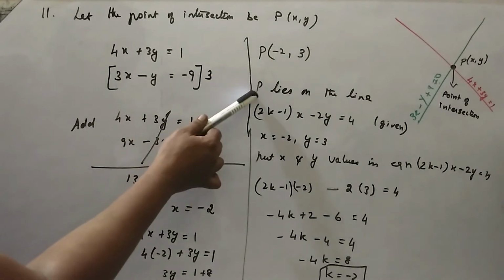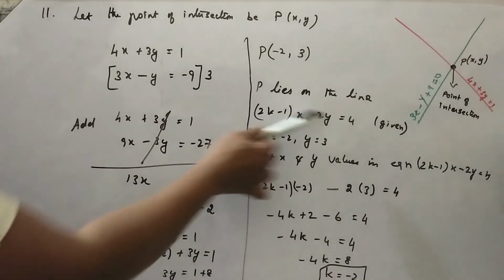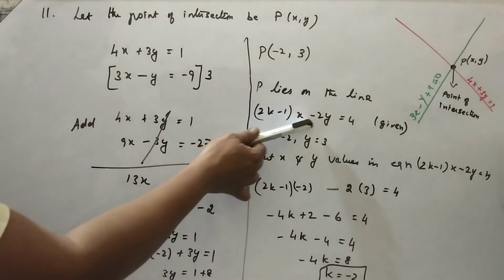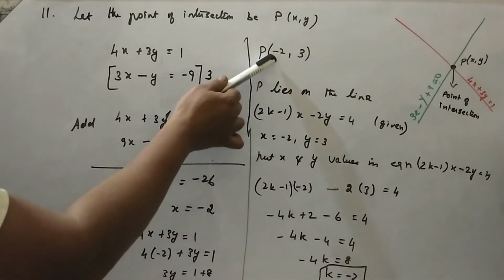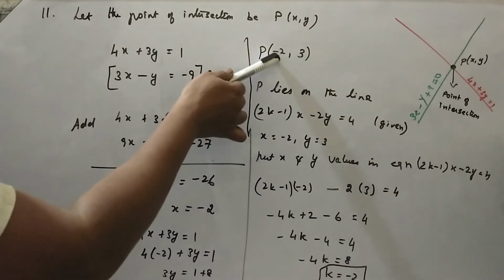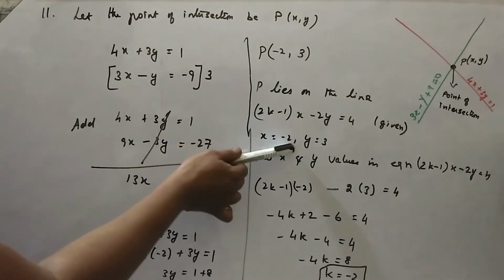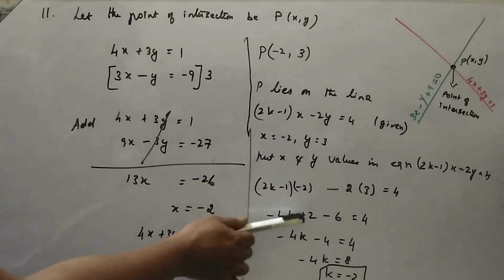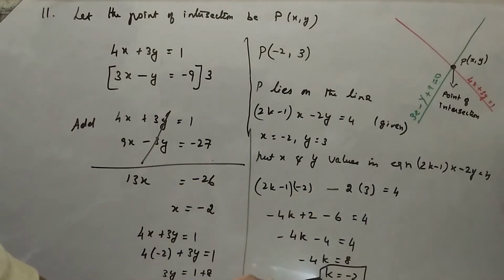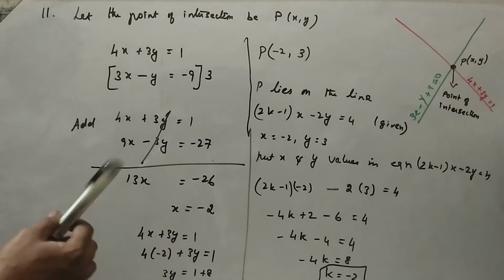They said the point P lies on the line (2k minus 1)x minus 2y is equal to 4. Then take, what are the P coordinates? Minus 2 and 3. So, x is equal to minus 2 and y is equal to 3. Put x and y values in the given equation and you will get the value of k, that is minus 2.